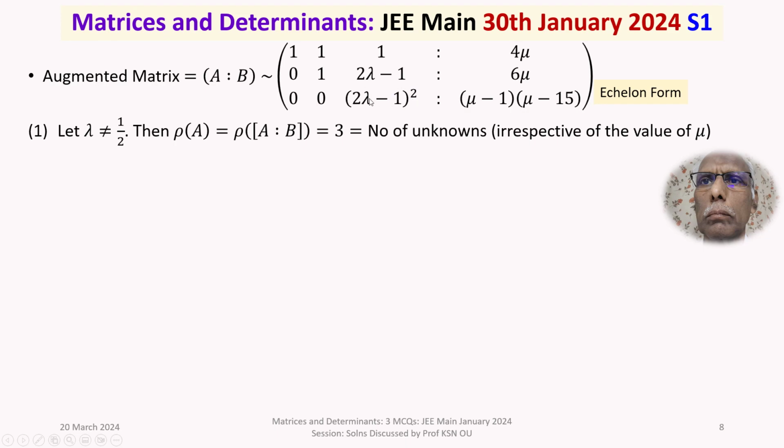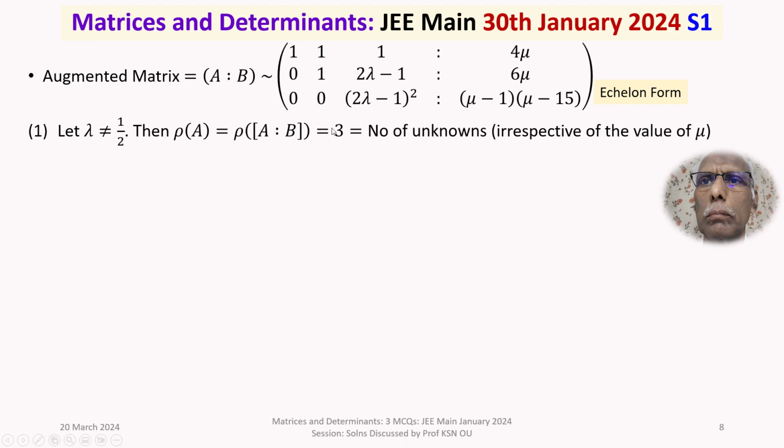When it is not equal to 0, the rank of A is 3. And the rank of the augmented matrix is also 3 when lambda not equal to 1 by 2, irrespective of what the value of mu is.